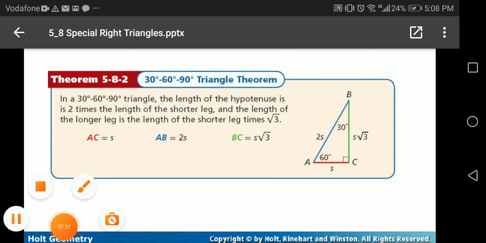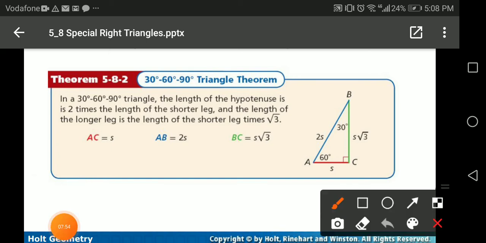So this time we have got some other calculations. Okay, if this is S, the side AC is S. AB, the hypotenuse, is what? 2S. What about here the other leg? It's S square root 3.